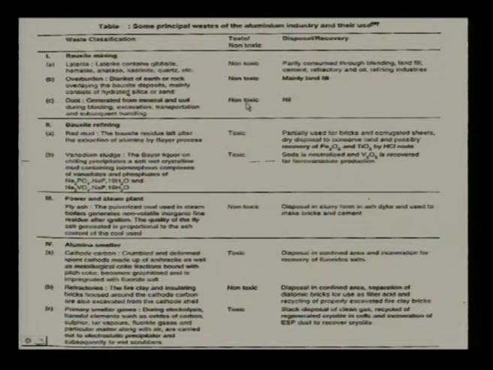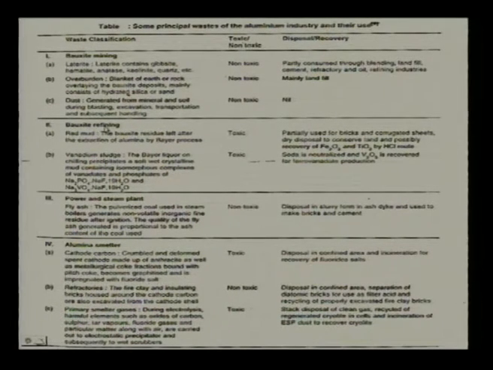Fortunately, they are non-toxic, meaning they would lead to respiratory problems and other problems, but no serious health damages. They can be partly consumed through blending, landfilling they can use, they go for cement making, refractory, oil and refining industries, etc. Mostly landfilling we can use all that.